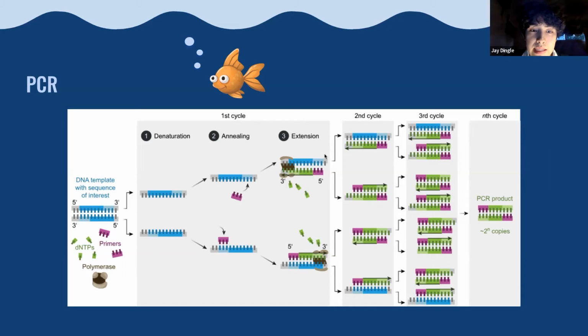So in our extension process, you can see that we have a new synthesized strand of DNA being extended from the primer at the 3' end. And we can see at the end of the first cycle, we have 2 copies. At the end of the second cycle, 4 copies, third cycle, 8 copies, and so on.